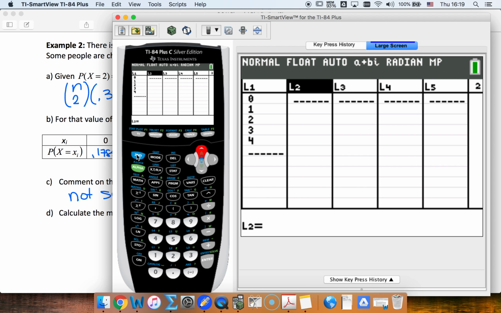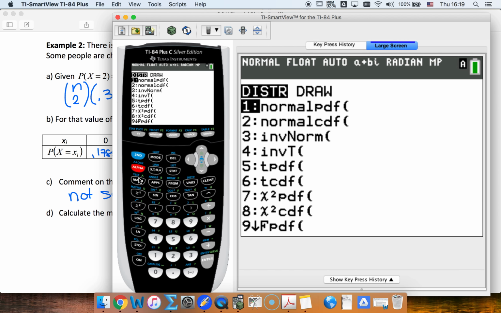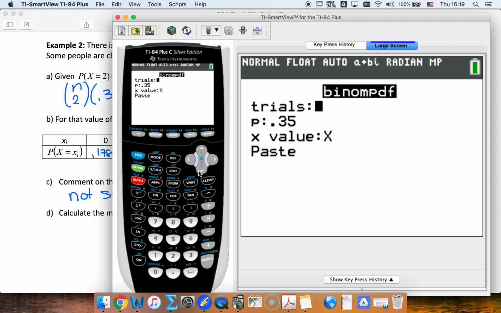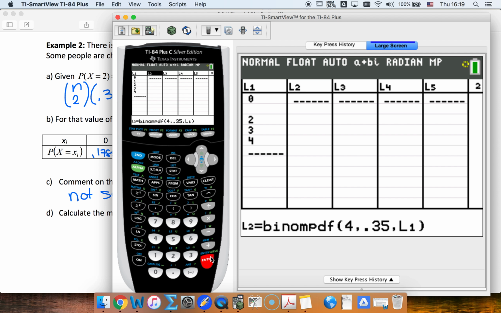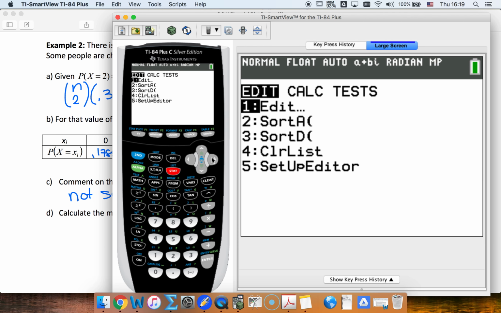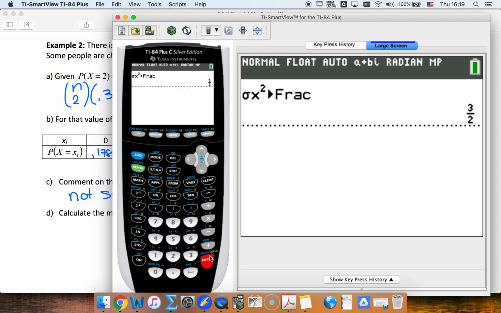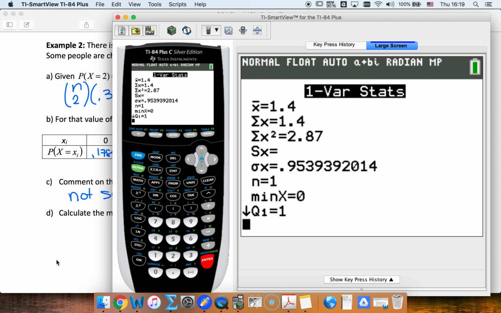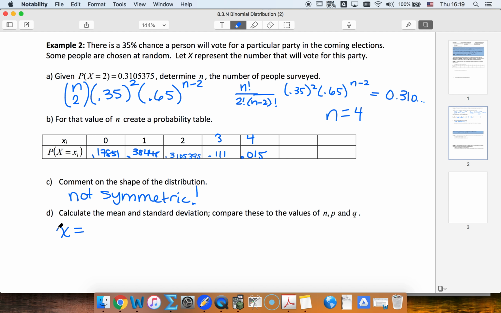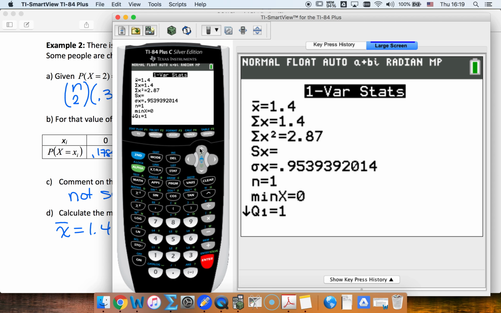So up into list 2, distribution, binomial, same thing, but now my X value is going to be list 1. And there's my values. So come back out, and then stat, calc. All right, so my mean is 1.4. My standard deviation, let's go ahead and find that exactly.